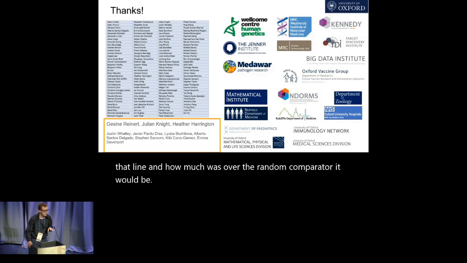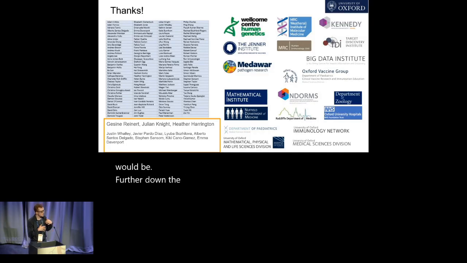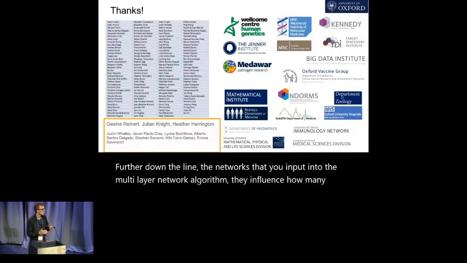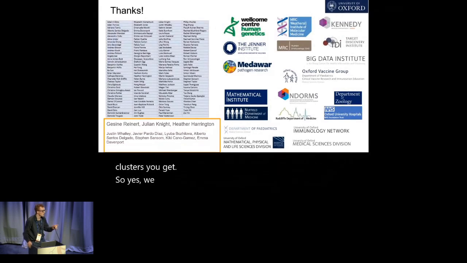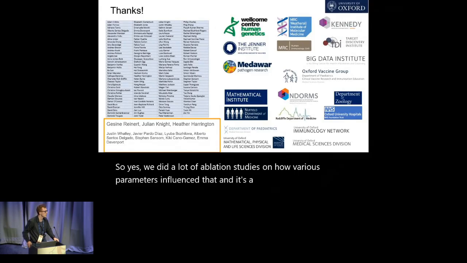Further down the line, the networks that you input into the multi-layer network algorithm influence how many clusters you get. So yes, we did a lot of ablation studies on how various parameters influence that, and it's a complex story there.